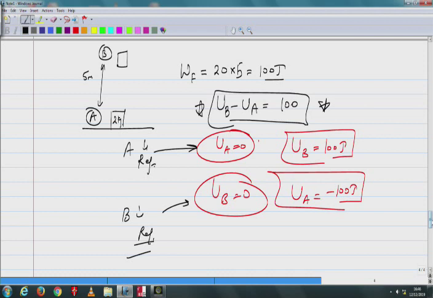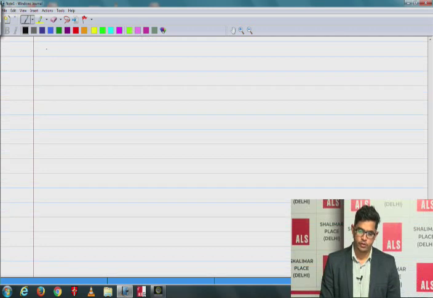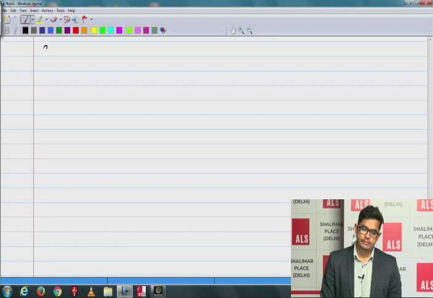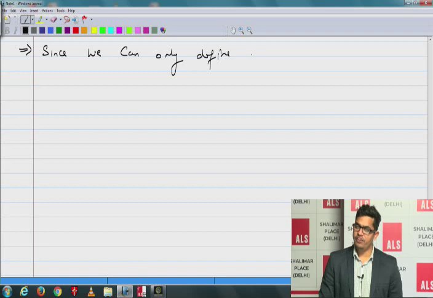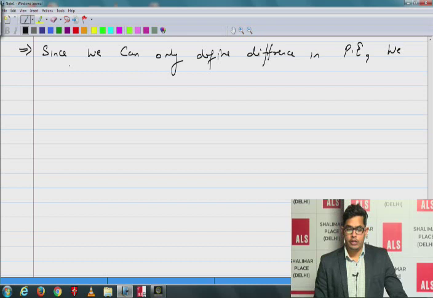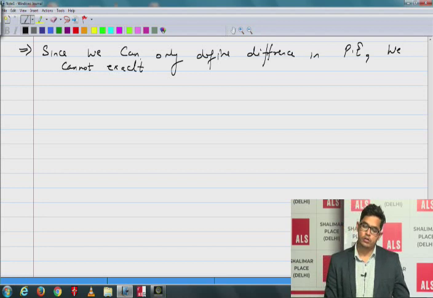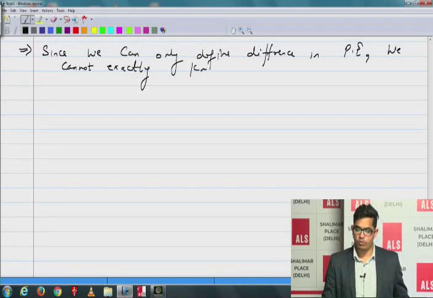Understood? Is that clear? So the thing is, since we can only define difference in potential energy, we cannot exactly know potential energy at a point.